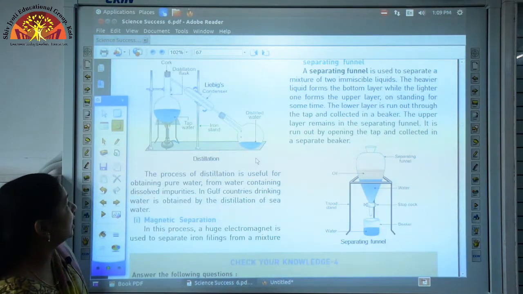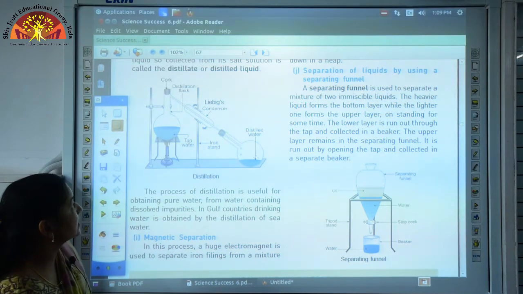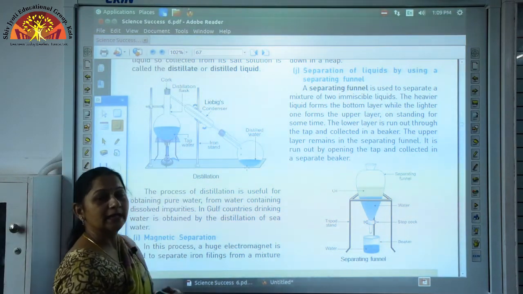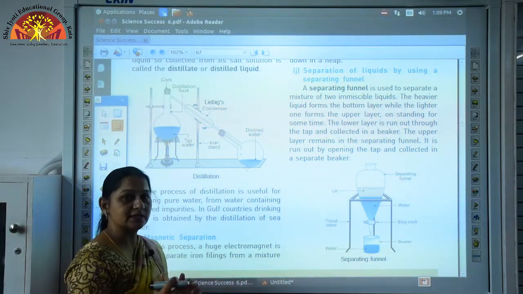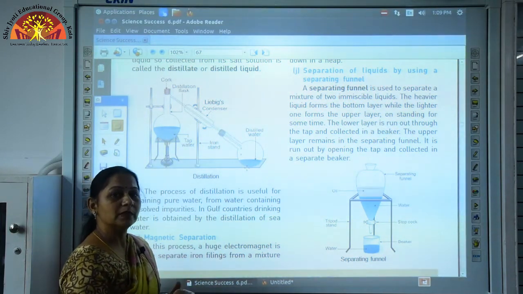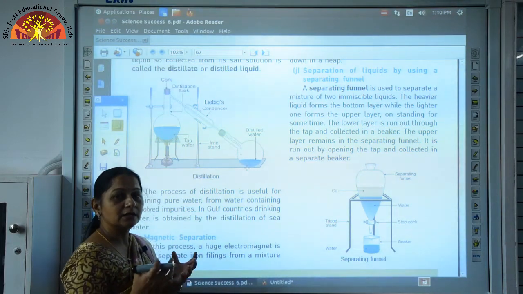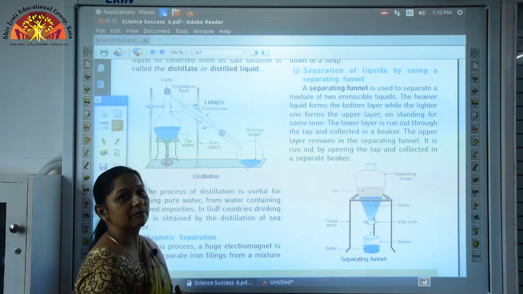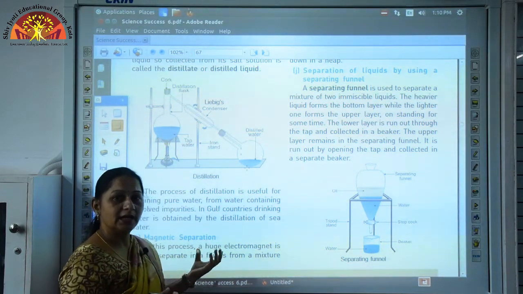Next topic that we have here is magnetic separation. Now, in a magnetic separation, an electromagnet is used. We separate magnetic substances from scrap material. We can separate the magnetic substances like iron filings by using a large electromagnet.